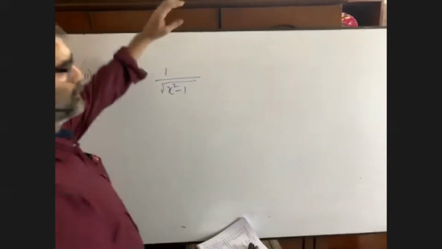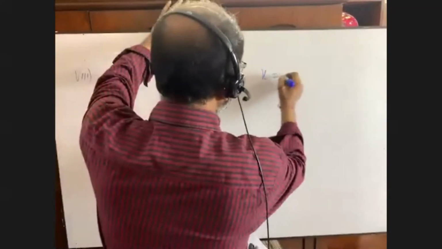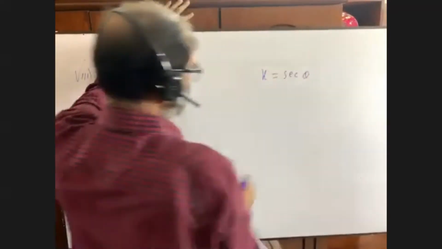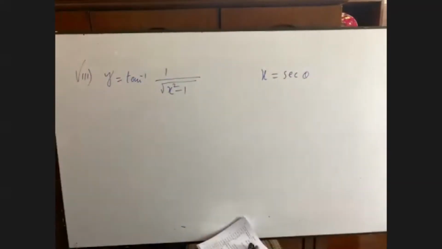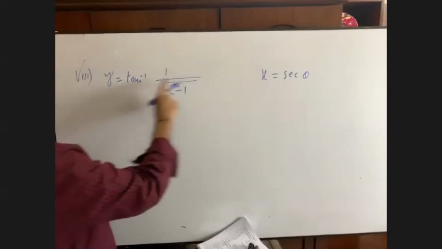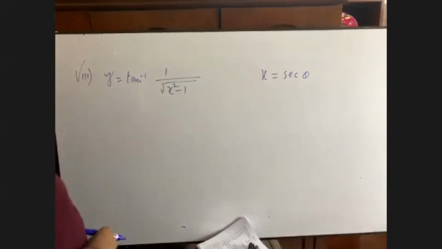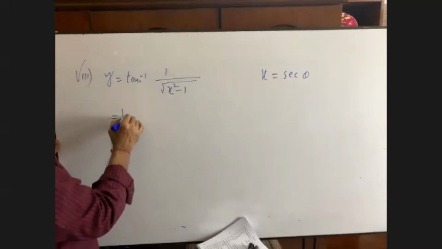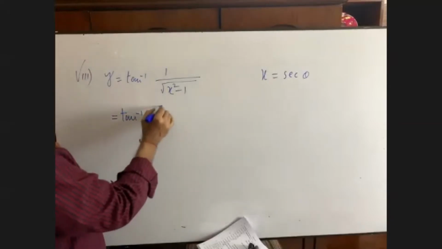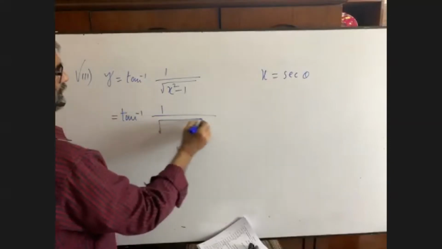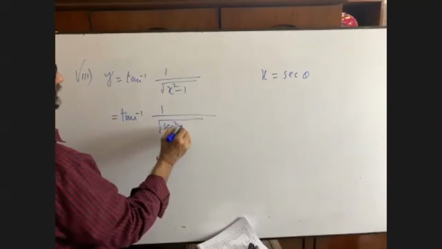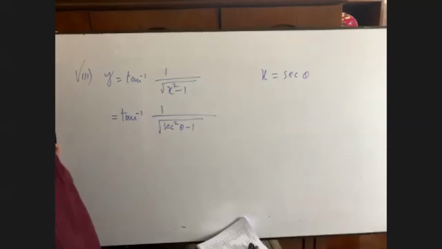But if I put x equals sec theta, then we can get something. I have taken sec theta because there is a relation between tan theta and sec theta in the formula. So we can write tan inverse 1 by root over sec square theta minus 1.